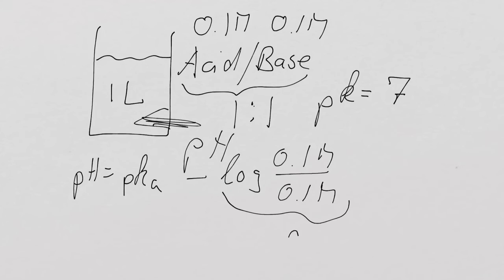This gives 0, so we have pH equals 7. Exactly right. Now that is exactly the same that we had before when we used our water. We have a pH of 7. Nice and smooth. Stick your finger in, yes or yes? Yes, no problem. Won't dissolve in a hurry. So it's good stuff.